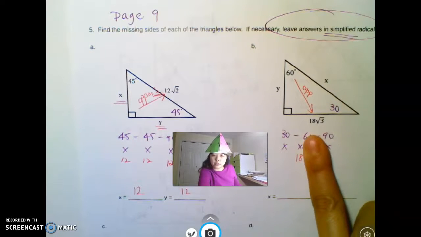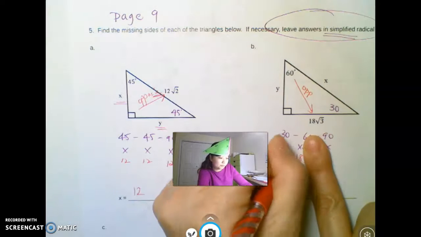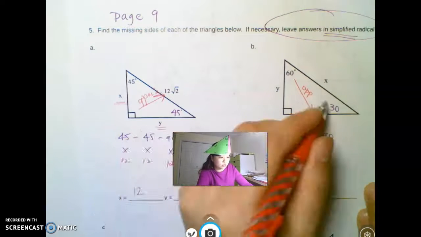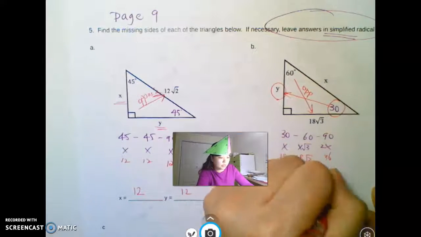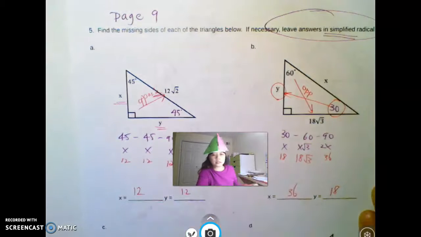What do you think x is? Do you see it? What's x? 18. And 2 times x is 36. So opposite of 30 is y, so that is 18. And opposite of 90 is x, so that is 36.